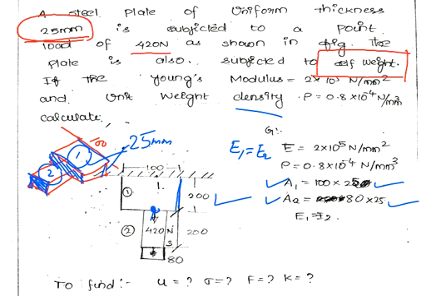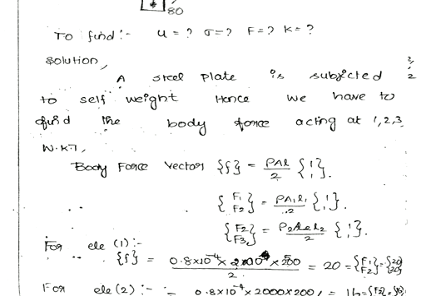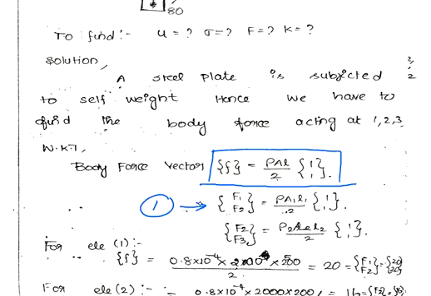How do we calculate the body force? There is one formula. The force vector F is equal to rho A L divided by 2, times the vector 1, 1. Taking element 1, the connectivity is 1 to 2.